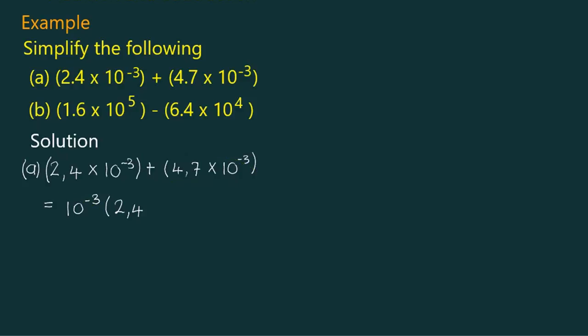So that will be plus 4.7. Now if we simplify the numbers within the bracket, 2.4 plus 4.7, we get 7.1.